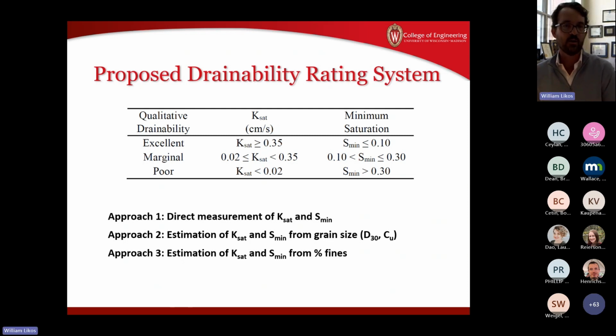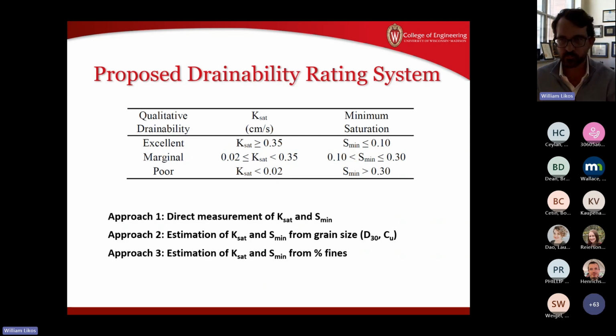We set a boundary for excellent in terms of saturated hydraulic conductivity greater than 0.3 centimeters per second. That is based on the FHWA definition of an excellent draining material. Whereas FHWA would define a relatively impermeable material as one with saturated hydraulic conductivity less than 0.02 centimeters per second. And so that's what we set as our lower boundary, and then marginal for the range between those two.